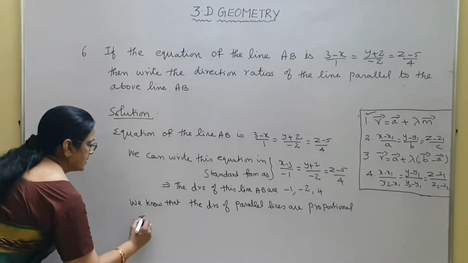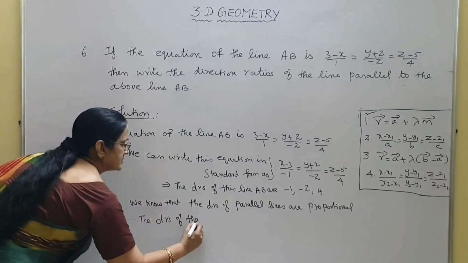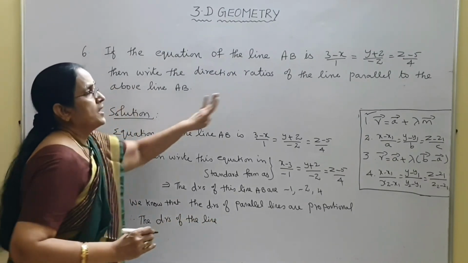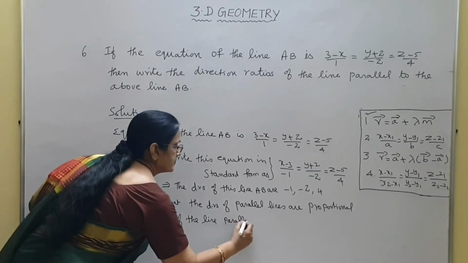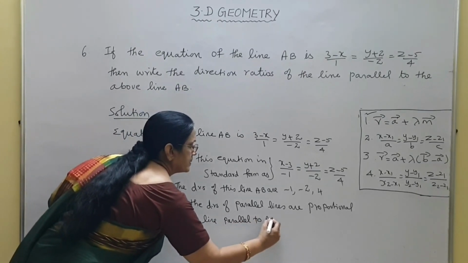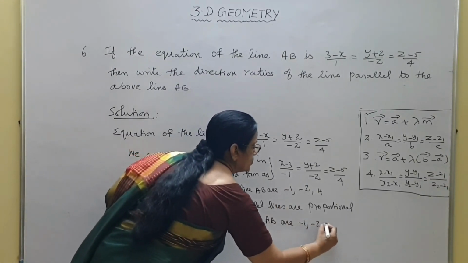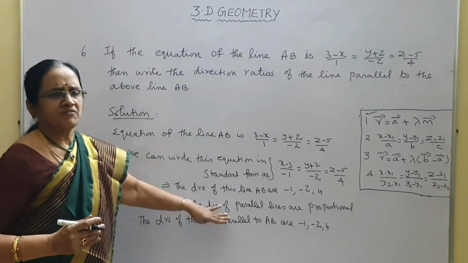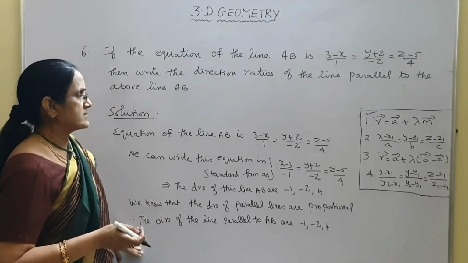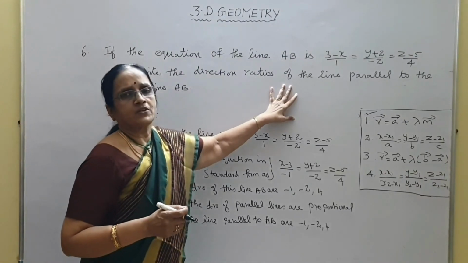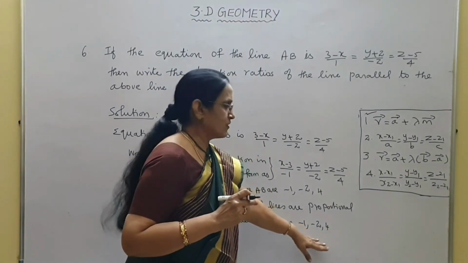Therefore, the direction ratios of the line parallel to AB are minus 1, minus 2, 4. That's all. Very simple question. Such questions will be asked for 1 mark. So finally you need to conclude the answer. The direction ratios of the line parallel to the line AB are minus 1, minus 2, 4. So that will be your final answer.